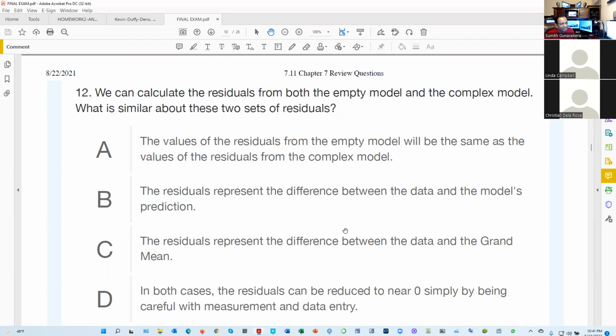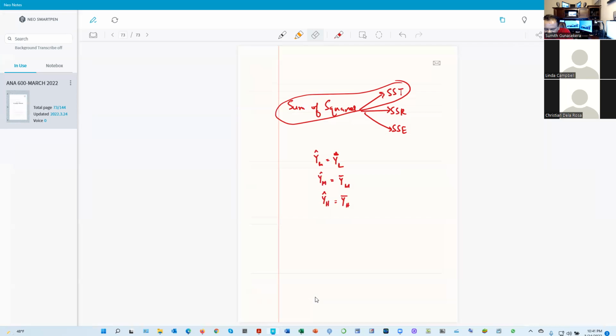So the model has predicted what? When I put everything together, at the end of the day, this is the model. Model is y hat. Y hat means b0 plus b1x1 plus b2x2. Then you can write the equation: y equals y hat plus e.